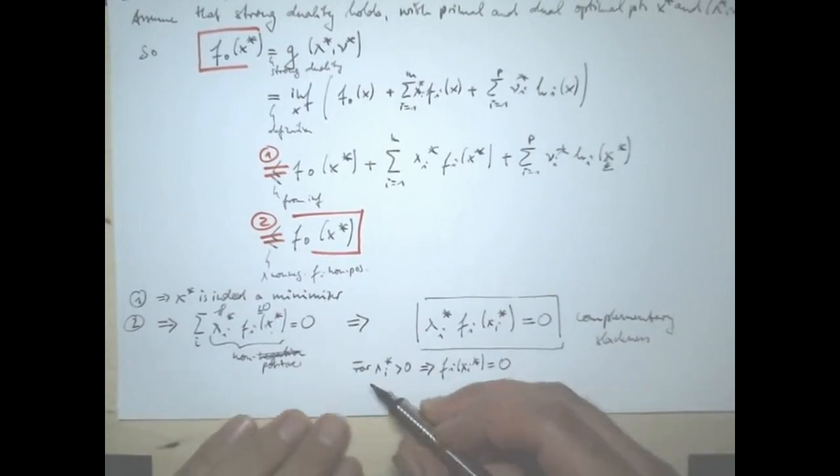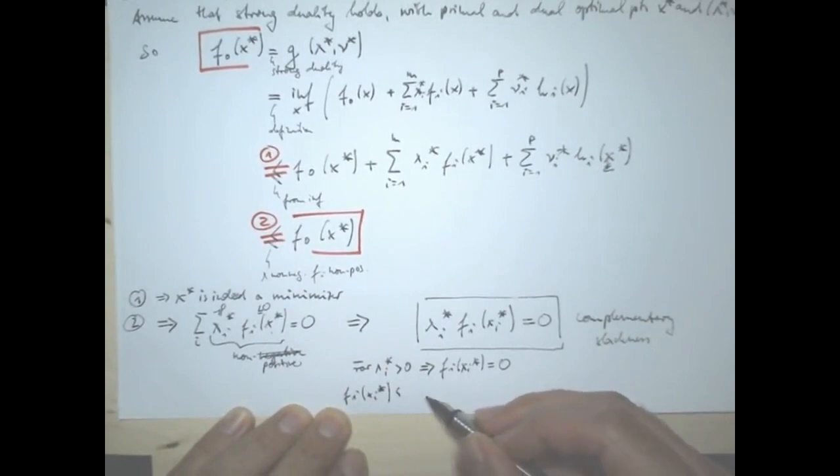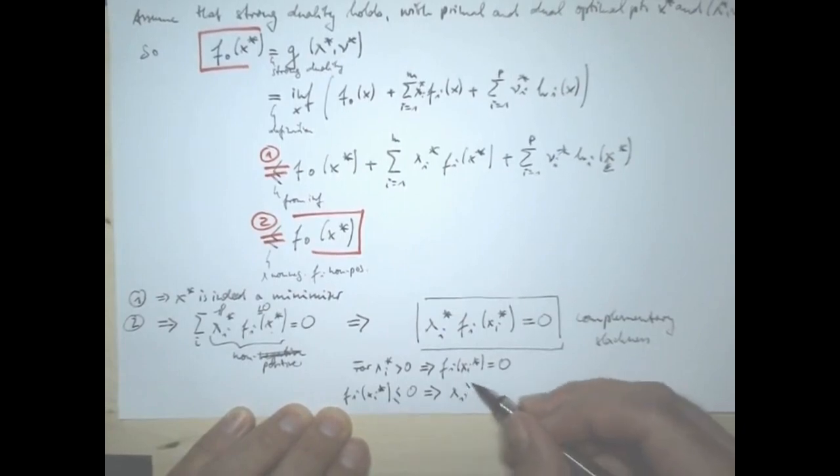And vice versa, if the constraint function is less than or equal to 0, then the Lagrange multiplier has to be 0.